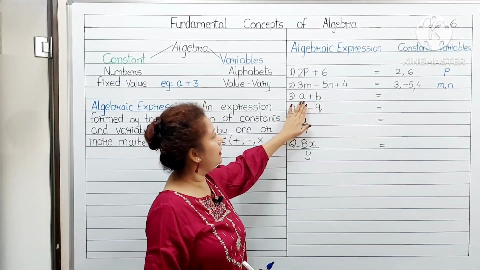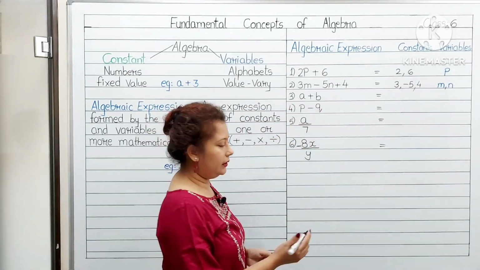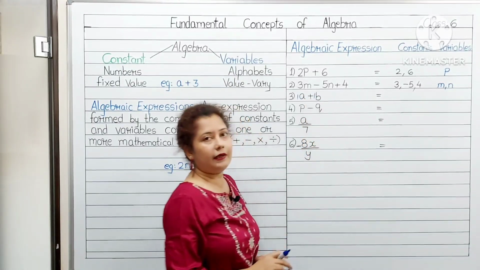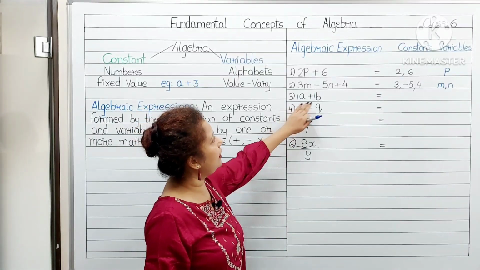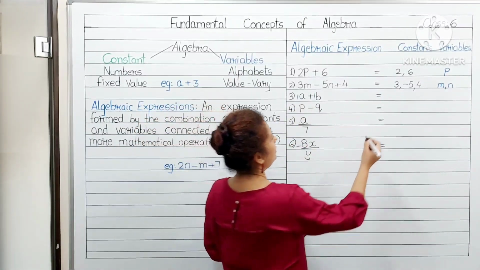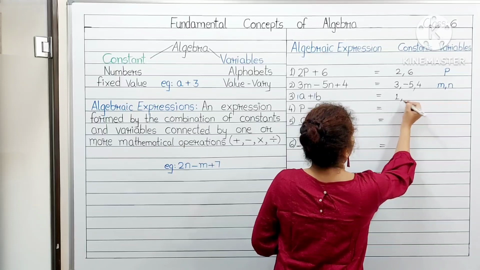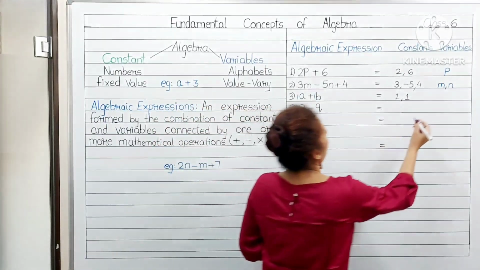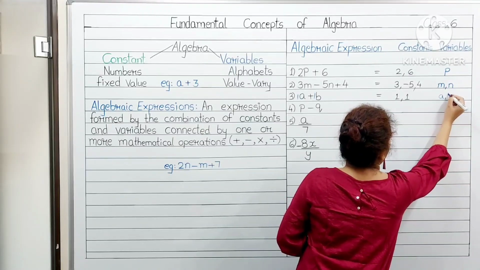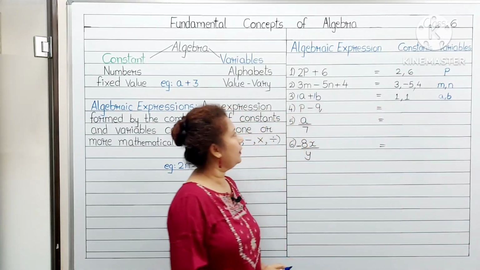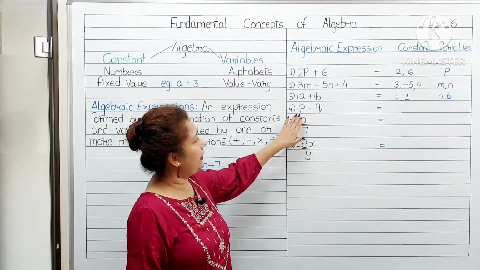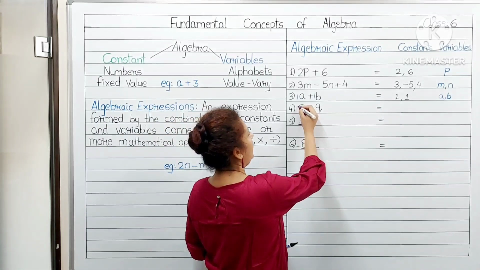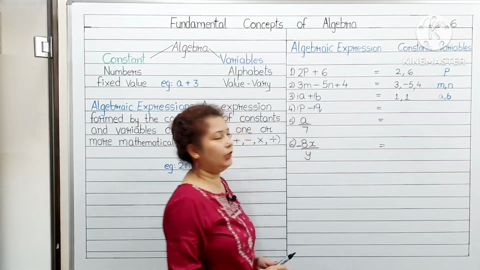Next example is a plus b. Here a plus b means 1a we are adding with 1b. So the constants in this algebraic expression are 1 and 1 and variables are a and b. Similarly, in the next example, p minus q, that means 1p minus 1q.